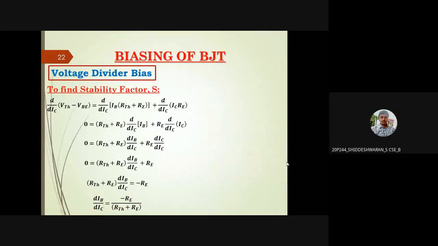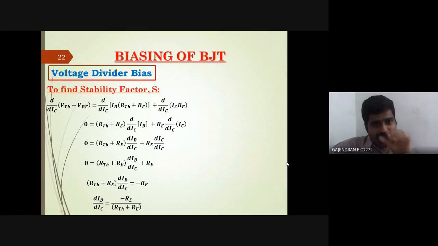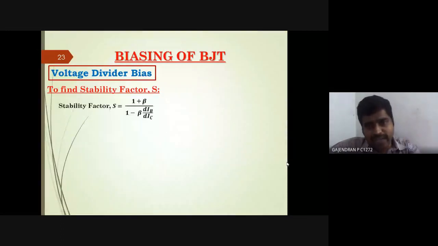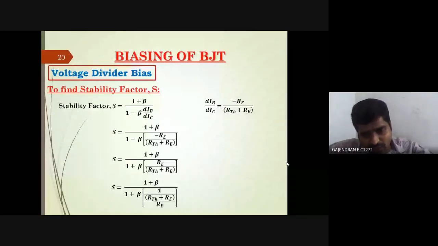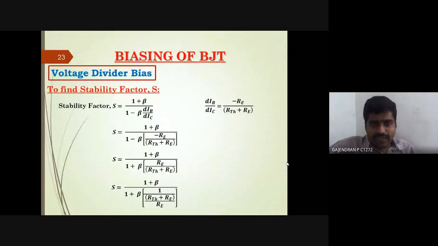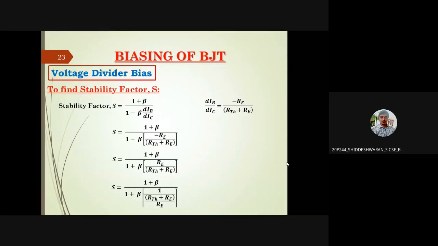Yes, sir. If you substitute that value here, you will get this as the equation. Take a screenshot. Simple maths. At least do it in rough notes and get the answer, please. Shall I move to the next slide, please? Yes, sir.